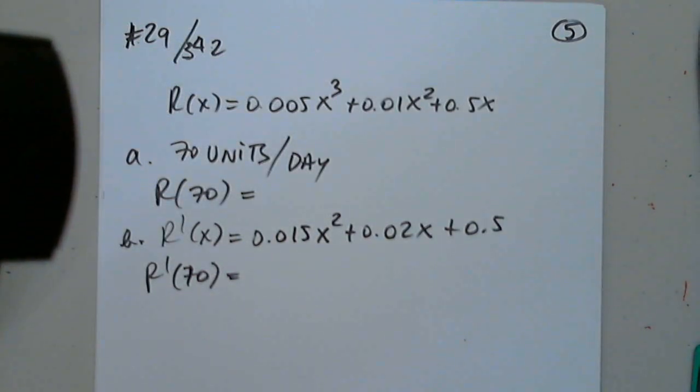So I'm going to plug them both in the graphing calculator. Go back to y equals, clear and clear. You're going to love this problem, because I'm sure you understood what's happening here. So now you see why I like to see the function and make sure that it's entered correctly, and I don't have to worry about it. 0.015x squared, plus 0.02x, plus 0.5.